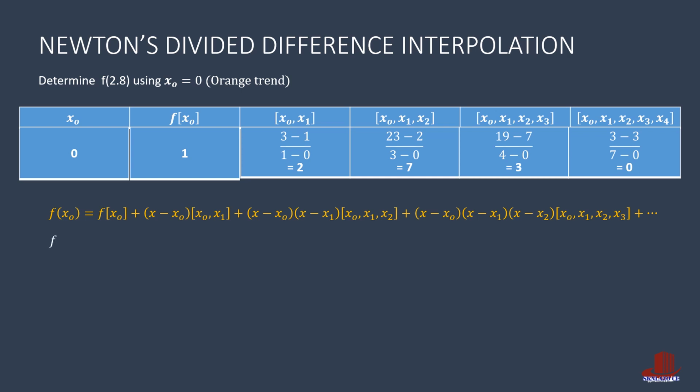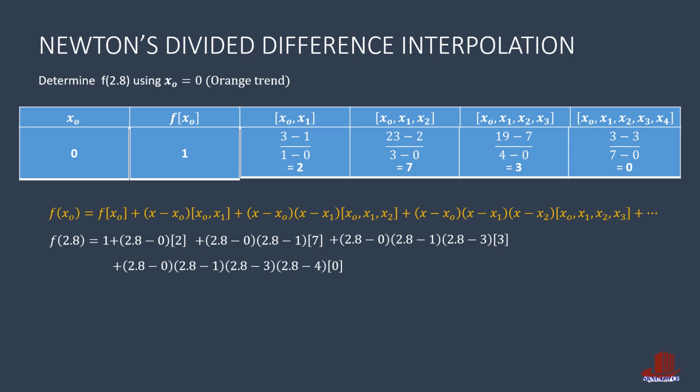By plugging values, f of 2.8 starts with f of x0, which is 1, plus 2.8 minus 0 times 2. The next term includes 2.8 minus 0 with 2.8 minus 1 and multiplied by the change 7. The third term has 2.8 minus 0 times 2.8 minus 1 and 2.8 minus 3 multiplied by 3.